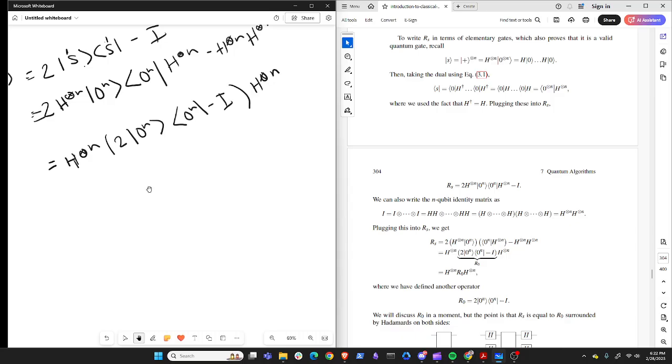And we can simplify even further. So this is equivalent to our initial state.